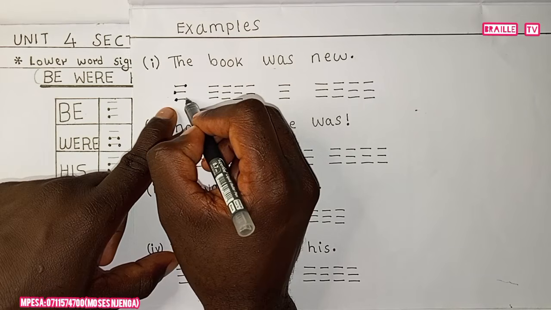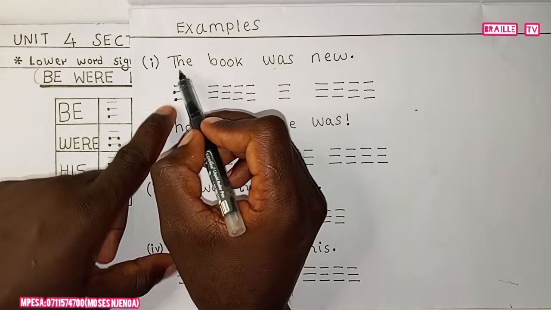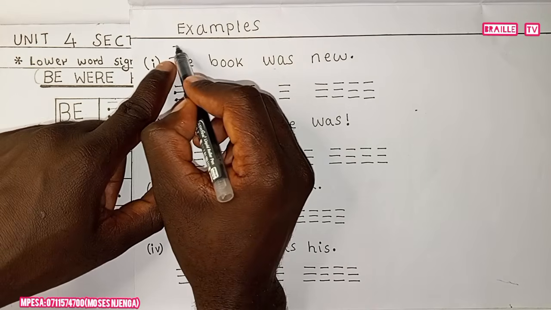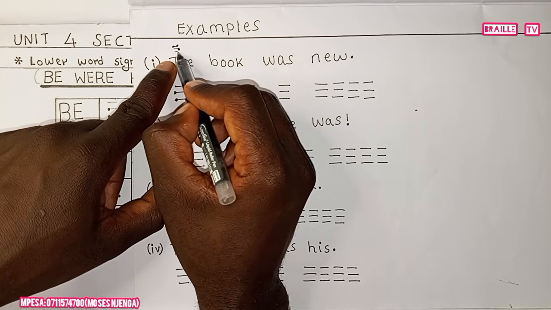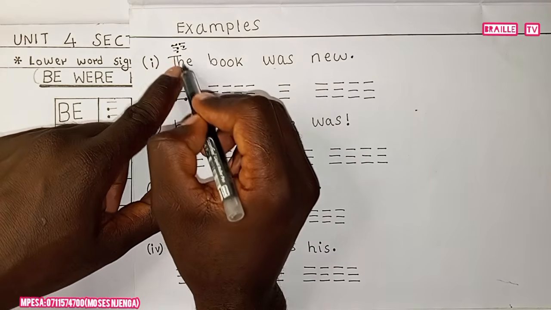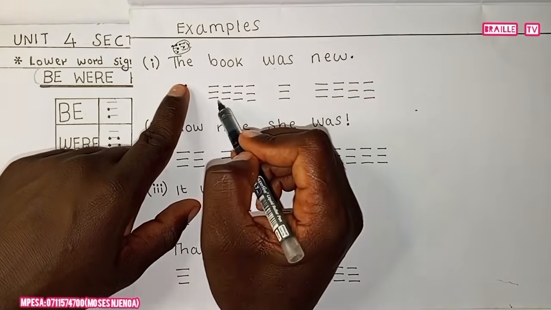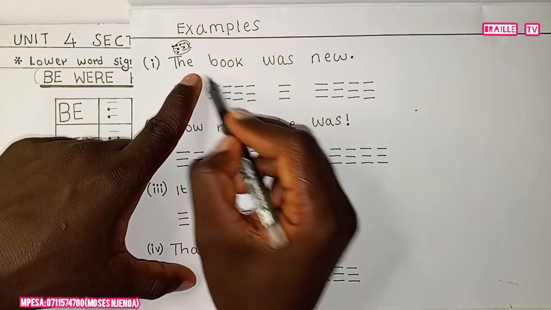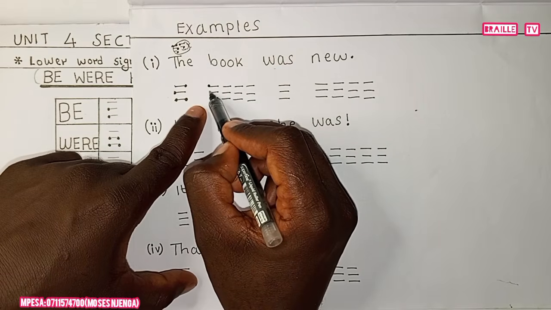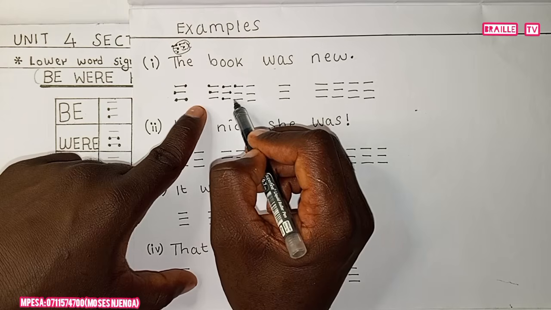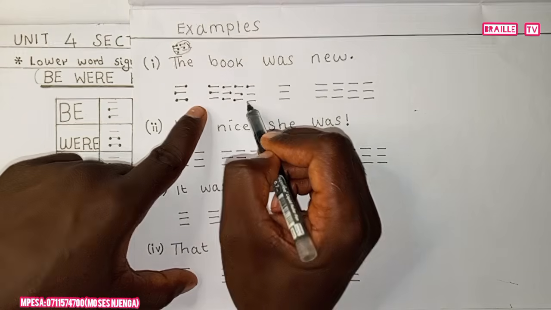And by the way, teachers, don't contract th and then spell out e. Do not contract th like this and then spell out e. Yes, it is there, but it's wrong. It does not follow the rule of Braille. You contract the whole thing, then book, you just spell out the way it is, o, o, and k. Then was.